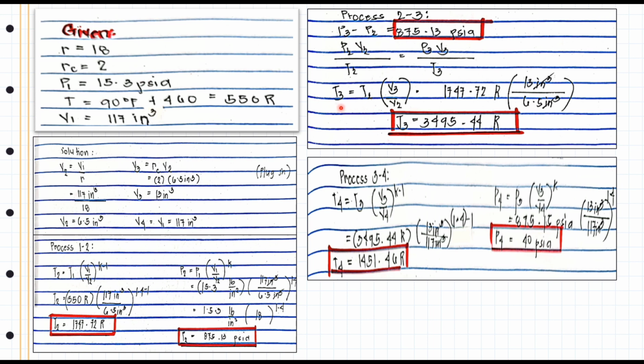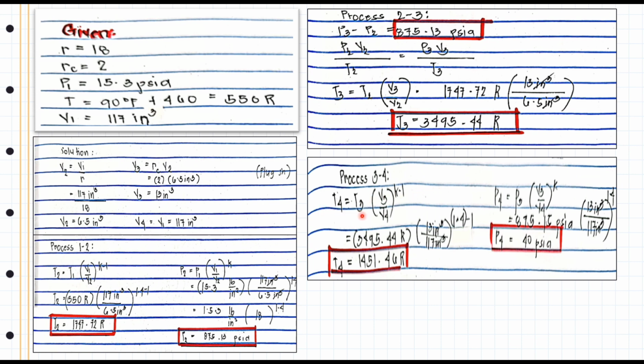So T3 is equal to T2 times V3 over V2, which is 1747.72 Rankine times 13 cubic inches over 6.5 cubic inches. So our T3 is equal to 3495.44 Rankine.